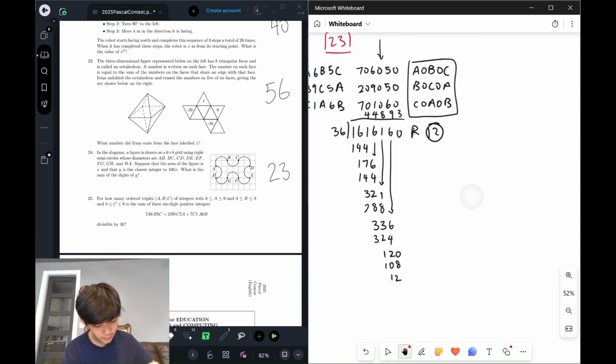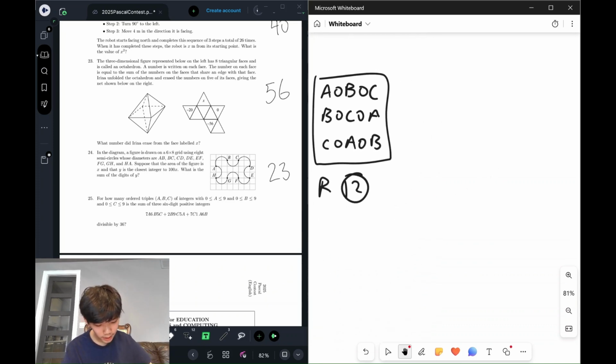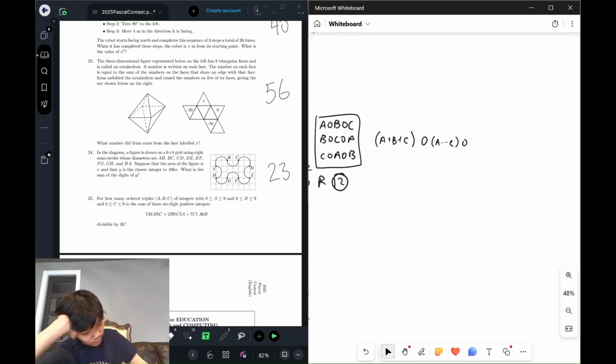So how are we going to deal with the sum of these three? Well, what we can do is add them, and for a second, just ignore the carries. This is going to be a plus b plus c, 0, a plus b plus c, 0, and then one more a plus b plus c.